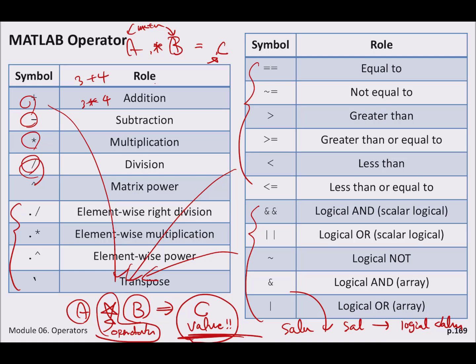A and B could be scalar and vector, vector and scalar, or matrix and vector. There are lots of combinations involving different operations. MATLAB predefined those operations.